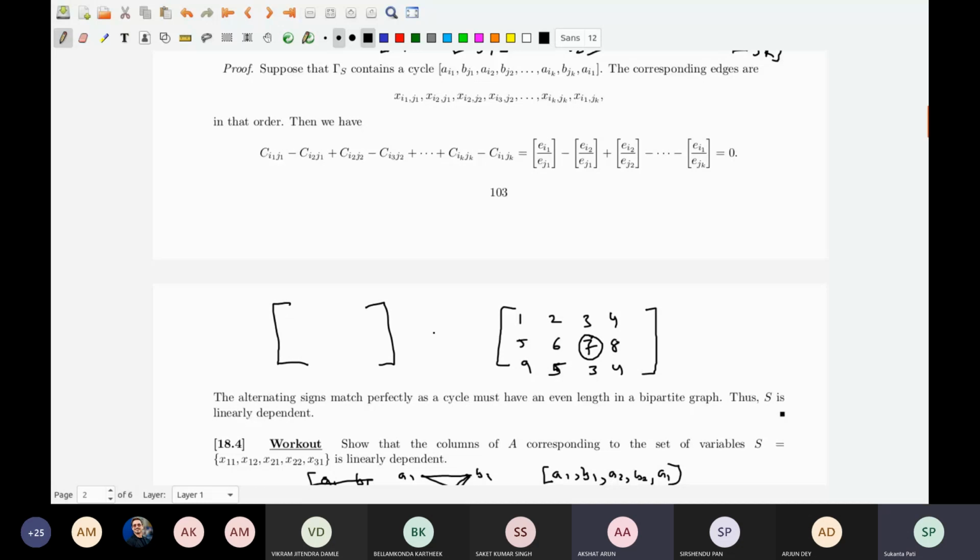What will be the elementary row operation over here? R1 and R2 get swapped. So it has to be a 3 by 3 matrix, and it will be 0, 1, 0, 1, 0, 0, and the rest will remain like the identity. Had there been more rows, everything else would be identity.